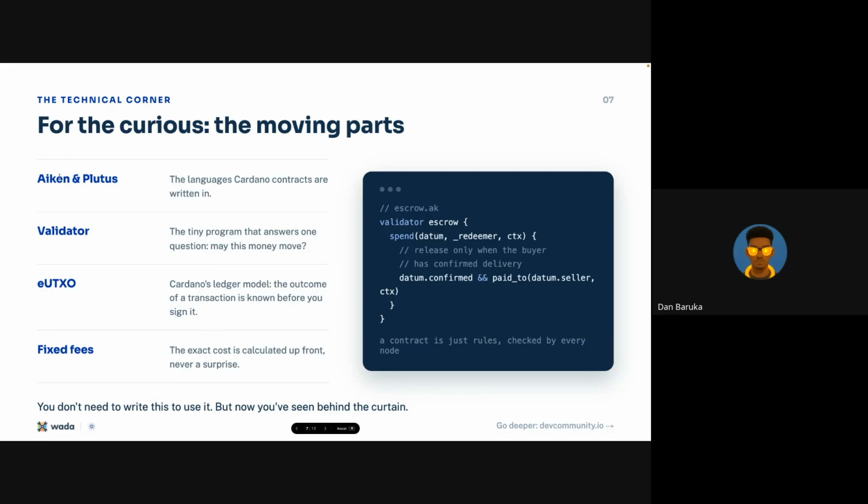Then you'll be using Aiken or Plutus, and you'll build using those two languages. Validators are components that check, verifying the smart contract. They verify yes or no, whether you meet the agreement.